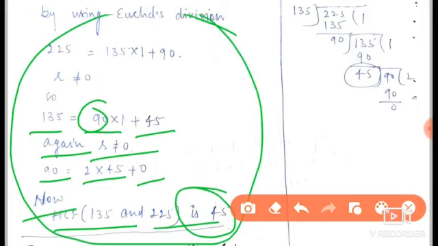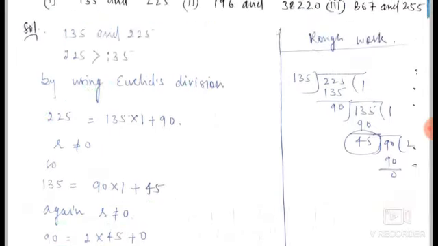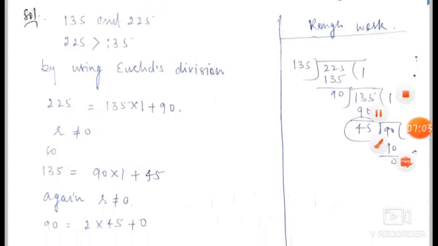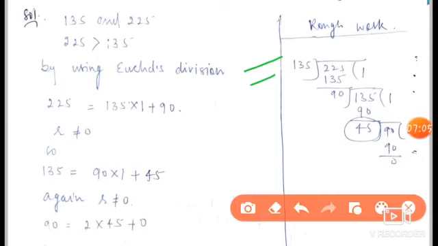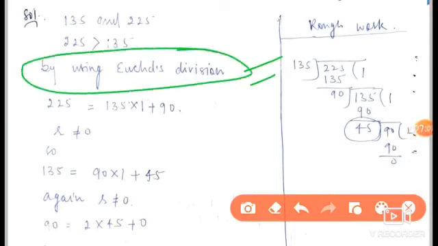Actually, the Euclid division lemma and the long division method are the same. Long division is equal to Euclid division. You can see here 225 is divided by 135, so we can write 225 = 135 × 1 + 90 remainder.